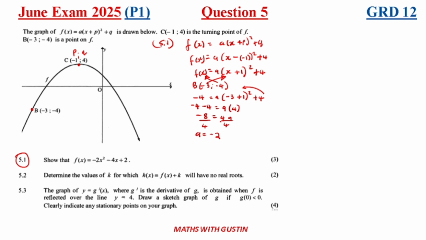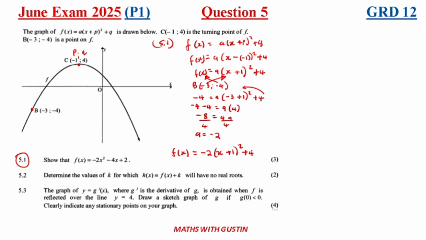So now therefore, once we finish doing this, we can come here and substitute our value of a, and then say f of x is equal to -2 in bracket (x plus 1) all squared. It's winter, guys. Right, okay, plus q, which is plus 4.